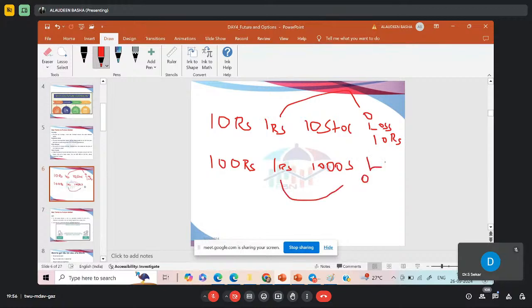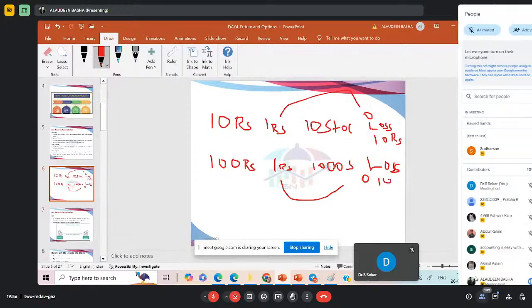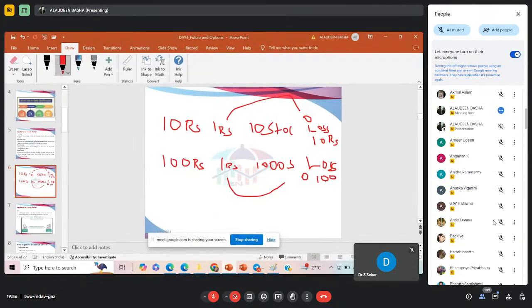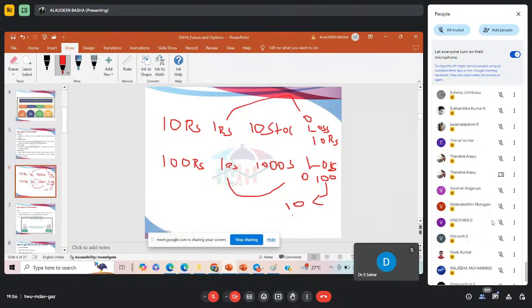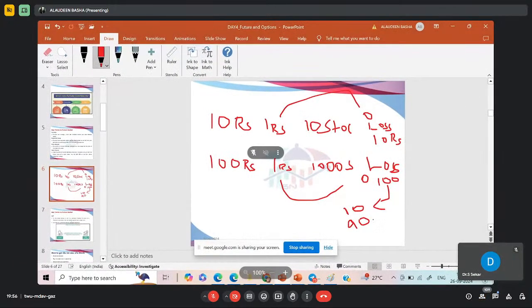What's your loss? 100 rupees. Out of 100, what is your capital? 10 rupees. Correct. And what about the remaining 90 rupees? Who will give the 90 rupees?